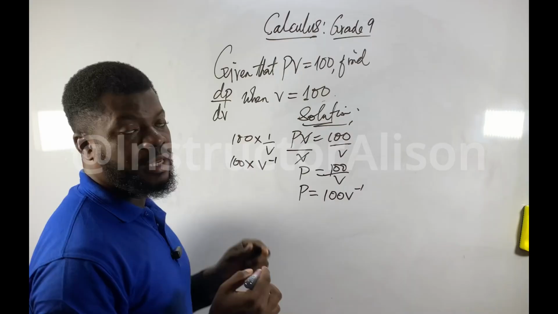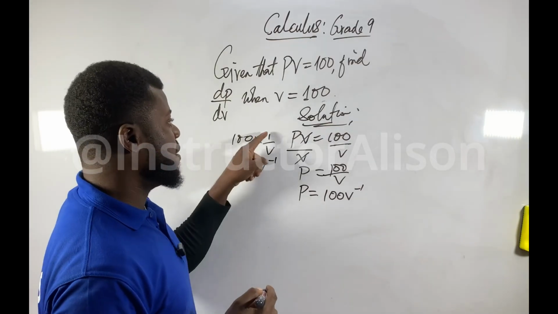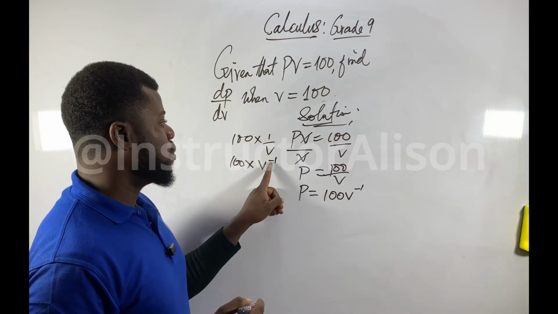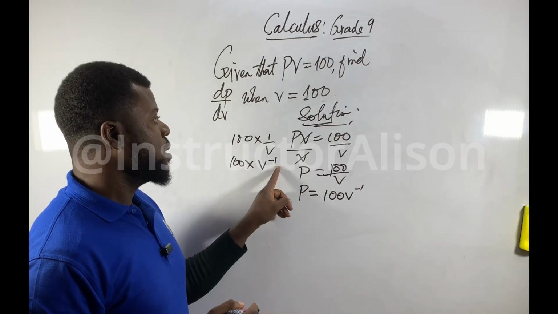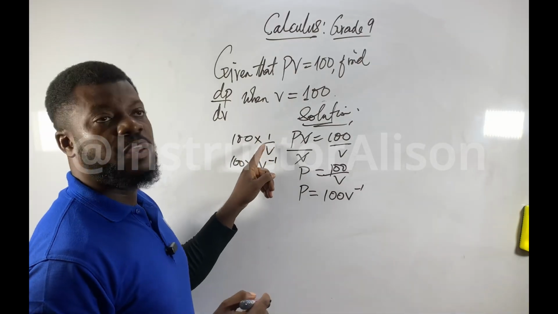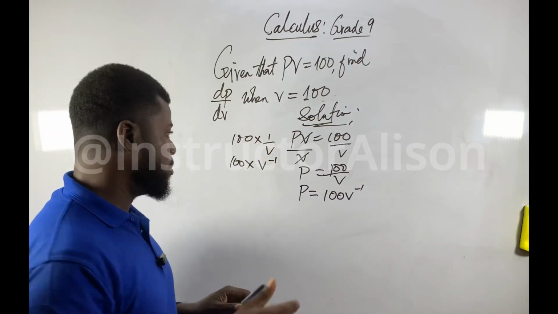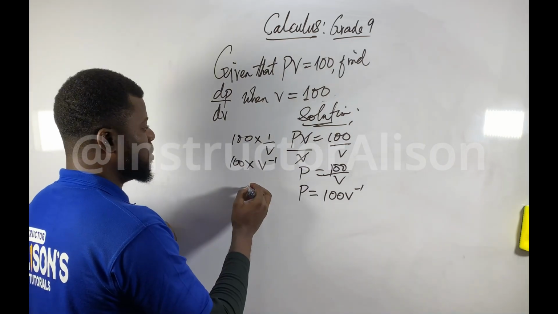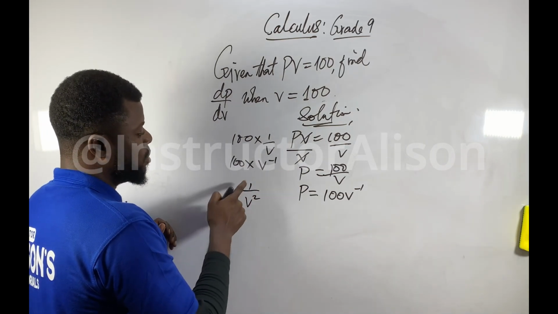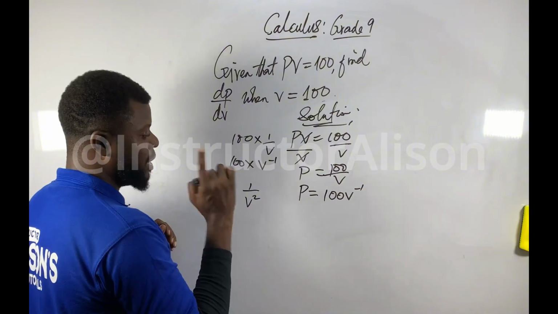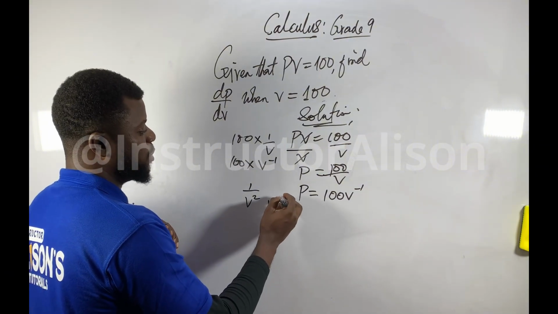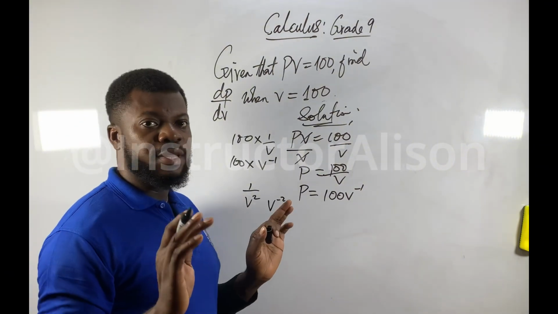With the negative index, or what we call inverse or reciprocal, the 1 over changes to a minus sign. Even if you have 1 over V squared, it becomes V to the power of minus 2.